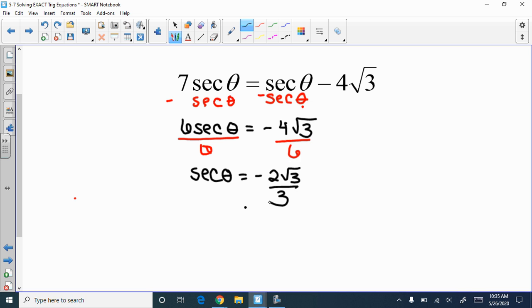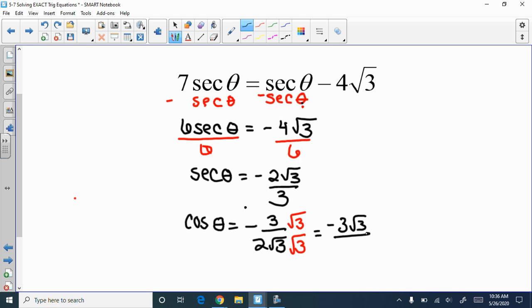Now, you probably don't have your secants all on your unit circle, so you might choose to flip this around and be looking at when cosine of theta, which would be the reciprocal, so we'd have negative 3 over 2 square root of 3. And then I can rationalize my denominator. So I get negative 3 square root of 3 over 6, which is going to be negative square root of 3 over 2.